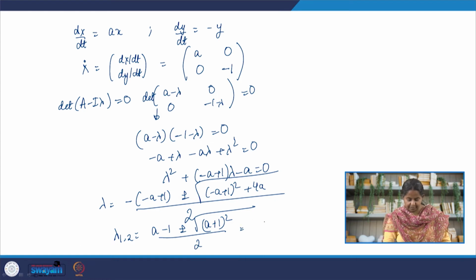So we get a and minus 1. So let's say a is lambda 1 and minus 1 is lambda 2.